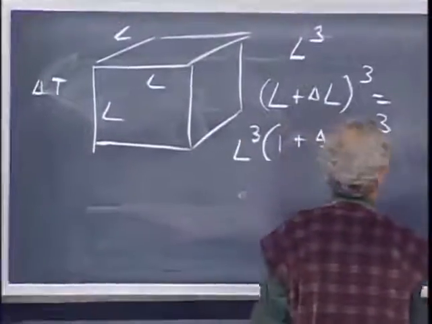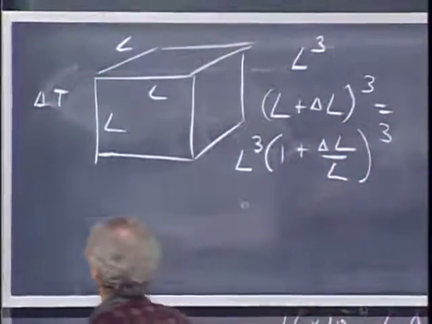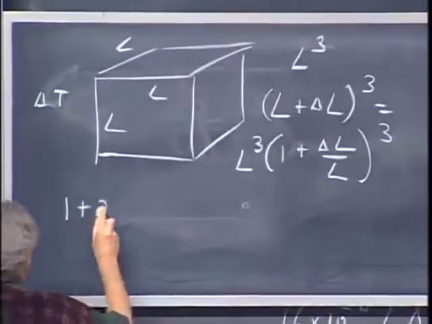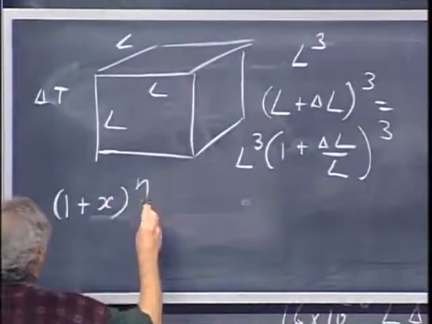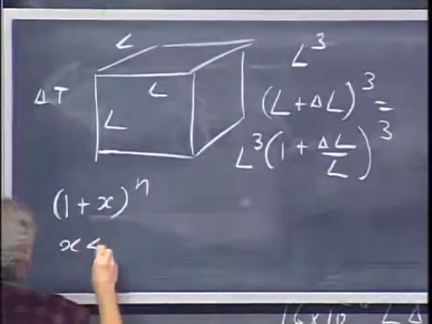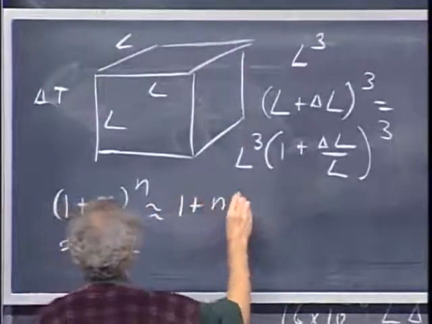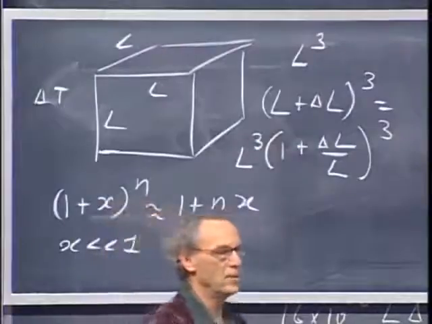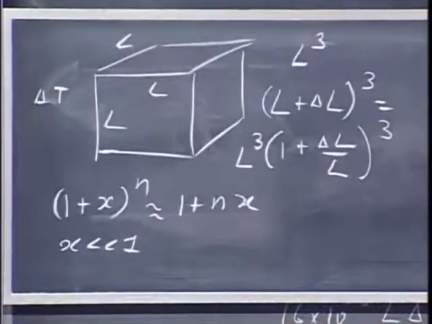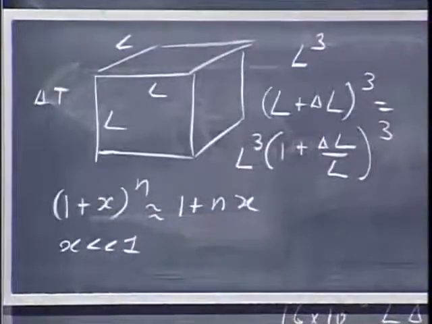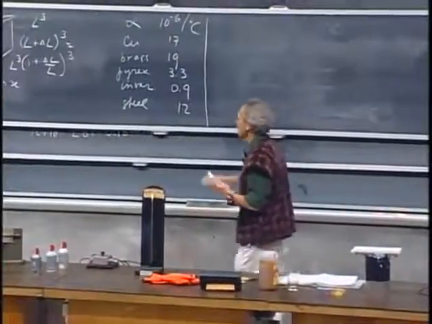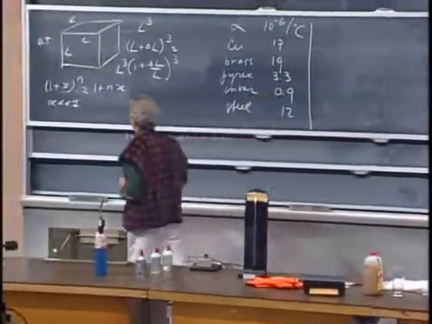Now, perhaps you remember, or at least you should remember, that (1 plus x) to the power n, in case that x is much, much smaller than 1, is approximately 1 plus nx. We've used that before when we discussed the Doppler shifts, light from receding stars. This is called the binomial series, binomial expansion.